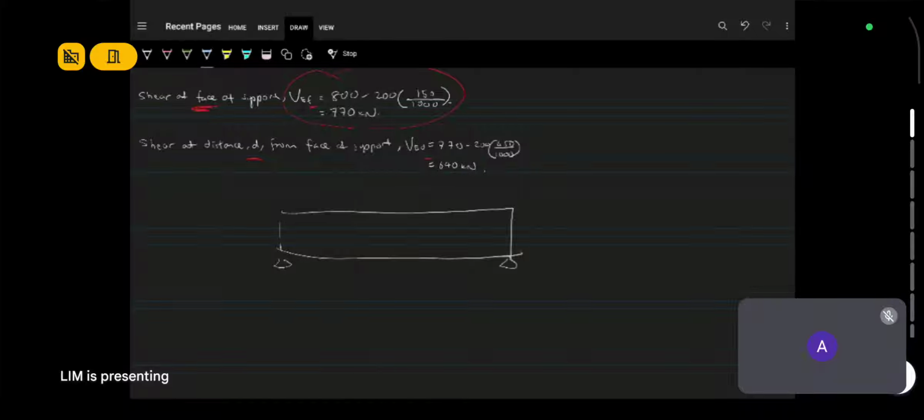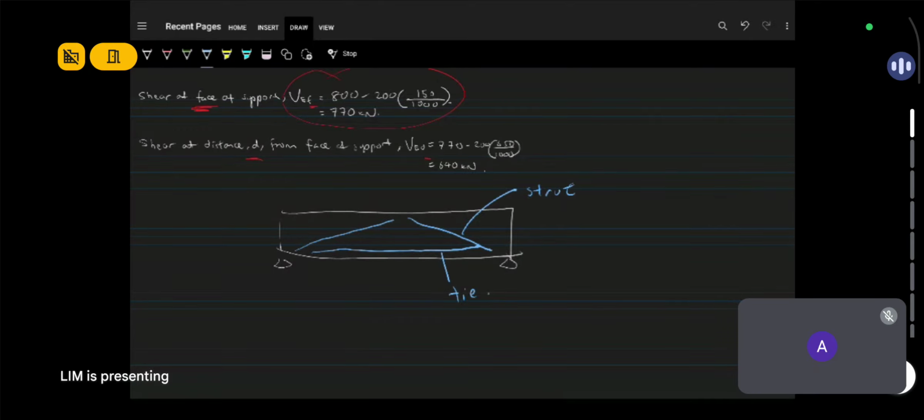So we assume the beam behaves like a truss, like this. So this is your strut. This is your tie. Hence the system is called the strut and tie theory.